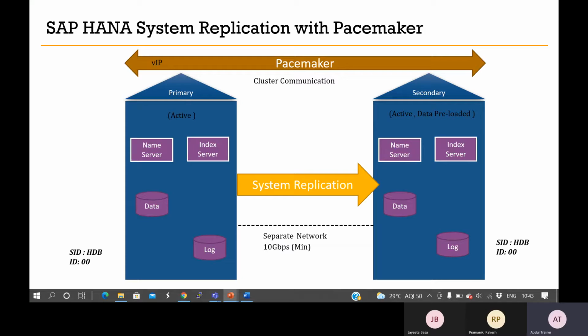From HANA Studio, you will be connecting to the virtual IP address or virtual host name. This virtual IP or virtual host name automatically points to your primary database. Whichever database is active as primary, there it will point. That is the beauty of the pacemaker. Clear this one? Any questions?